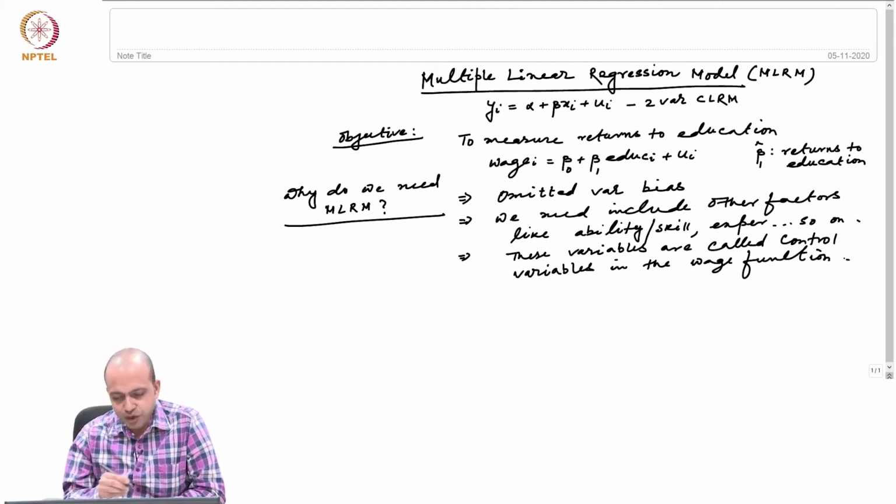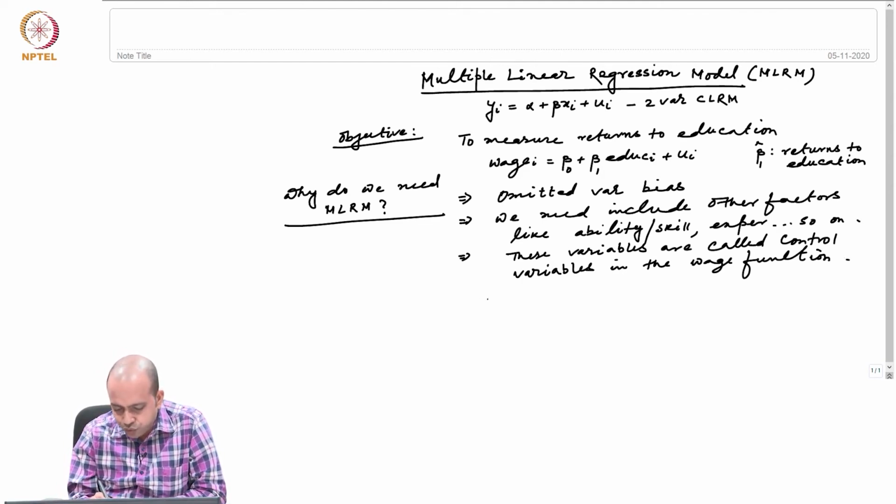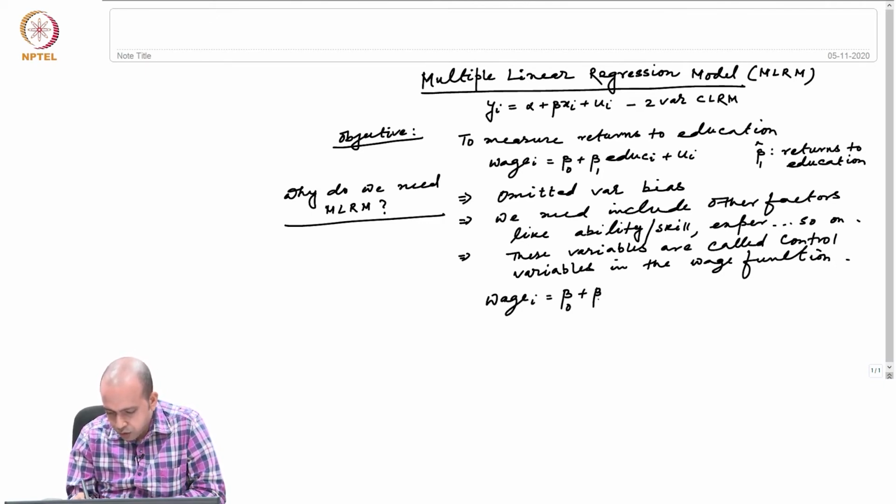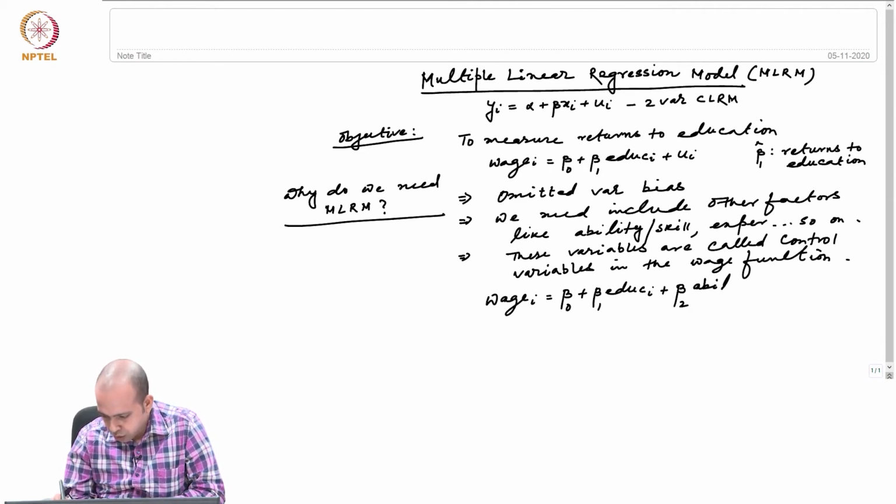Okay. So, let us say that our true model would be wage equals beta 0 plus beta 1 education plus beta 2 ability plus u_i.